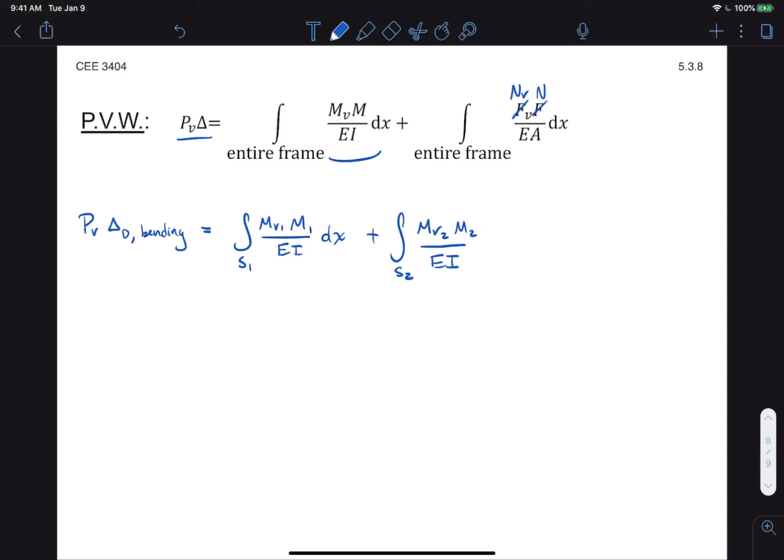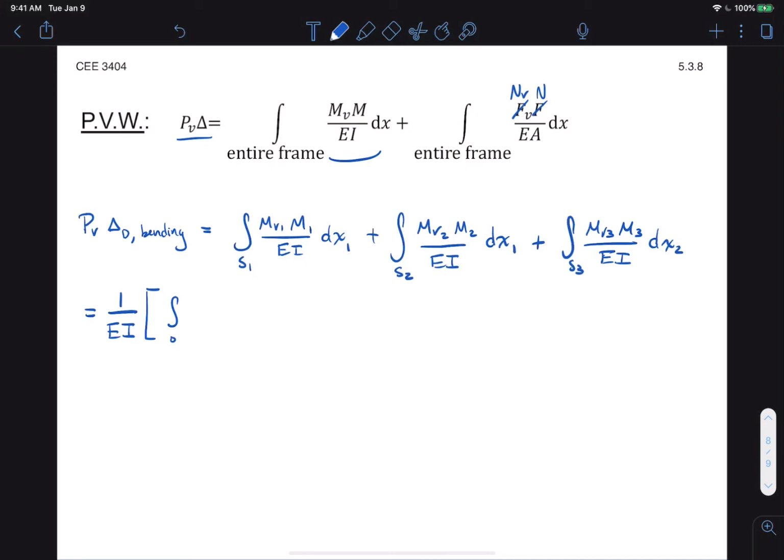This should be x1, right? And then this is also x1. And then finally, the integral over section 3, which would be mV3 times M3 over EI times dx2. And so breaking that out, we can take the EI to the outside.